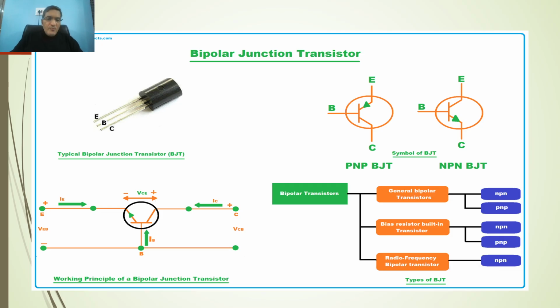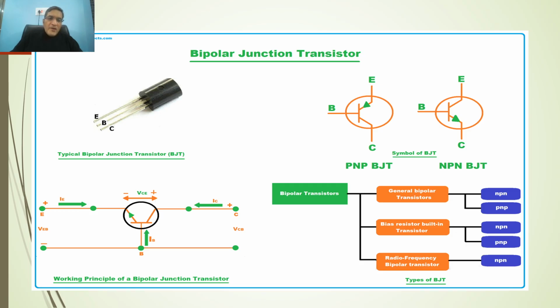As you see in the picture at the bottom left, the arrow from the emitter terminal comes outside, and the current from the base region comes inside as shown by the arrow, and the current from the collector side also comes inside. So by this picture we may identify it as the NPN transistor.